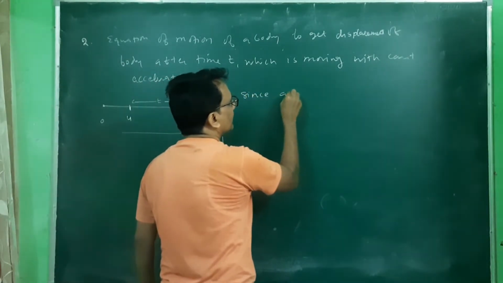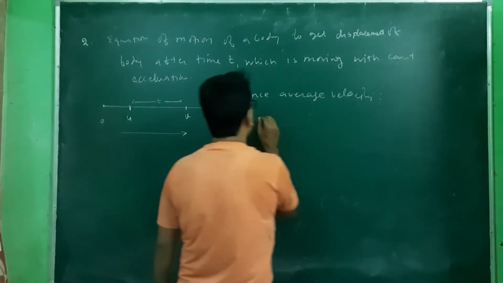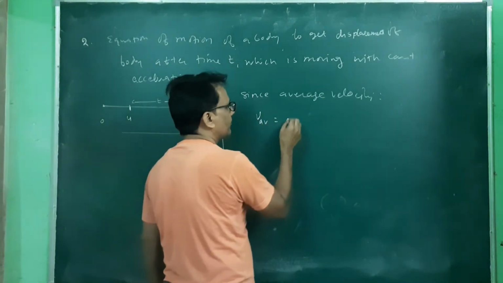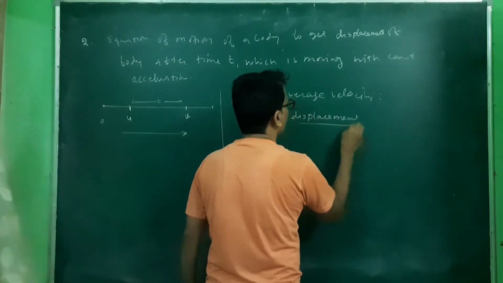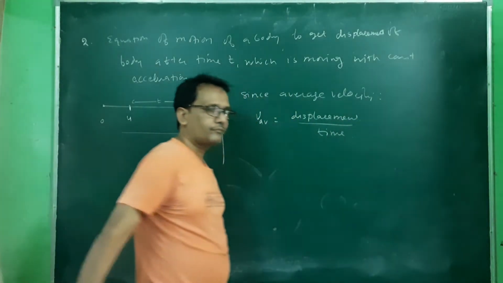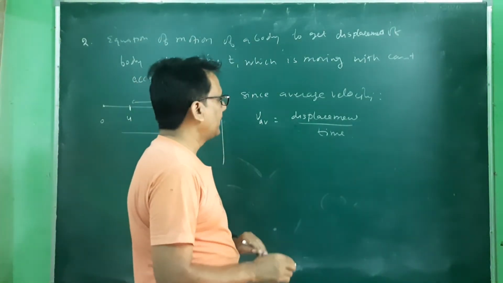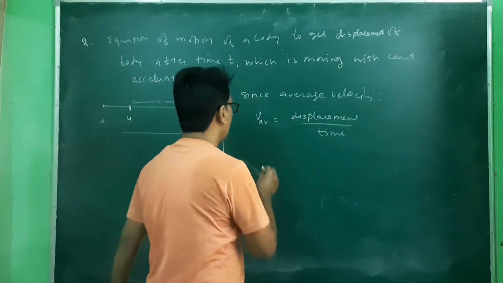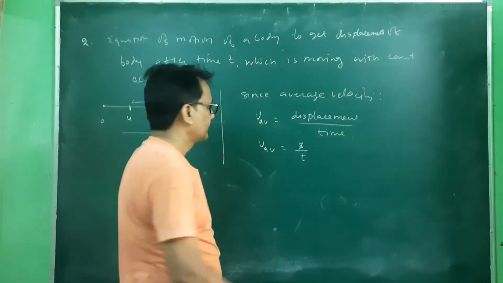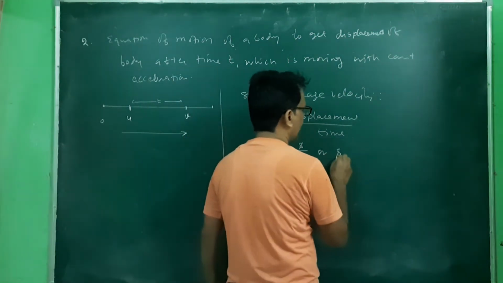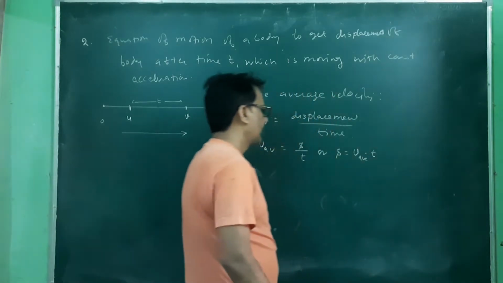Average velocity, v average, is equal to displacement upon time. We are taking the displacement as s. So v average equals s by t, or s equals v average multiplied by t.